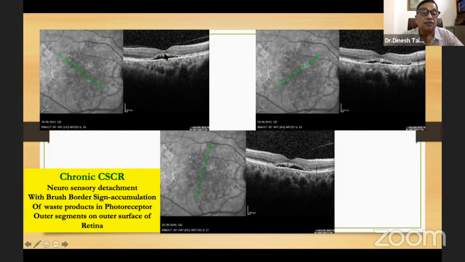This is chronic central serous chorioretinopathy. And what do you see? You see a brush border sign over here. You see these irregularities at the level of the outer segments. So these are waste products accumulating at the level of the photoreceptor outer segments on the outer surface of the retina. So this is a sign of chronicity.